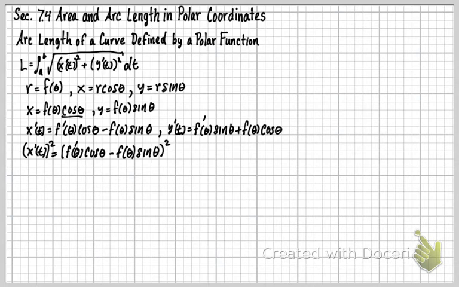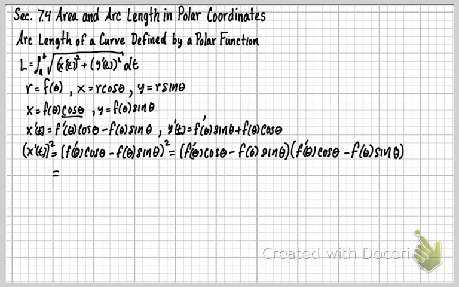So remember now, this is a FOIL we have here. So this is really f prime of theta cosine of theta minus f of theta sine of theta times itself. So now I'm just going to do a FOIL here.